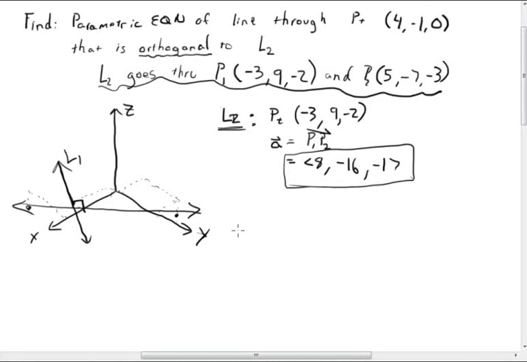So line 1 is perpendicular to this vector, and I'll keep a numbering system here so it's consistent. It's perpendicular to vector A2. Well, line 1 is parallel to vector A1, so A1 is perpendicular to A2.